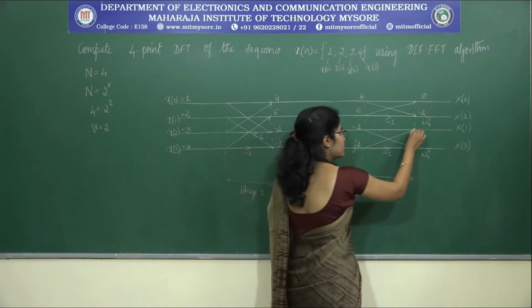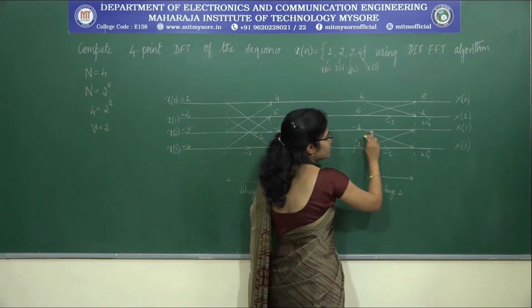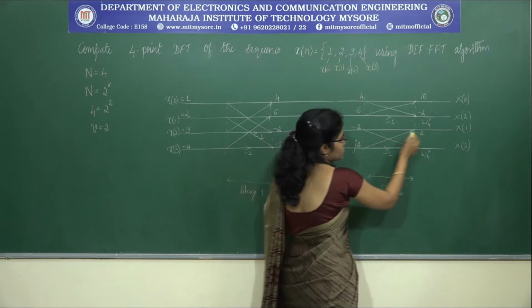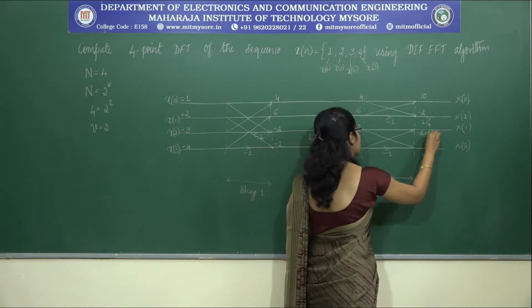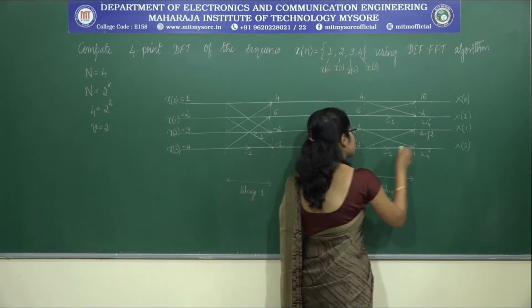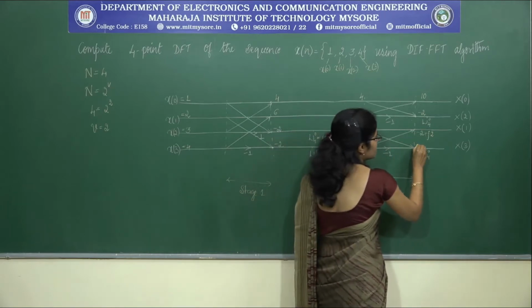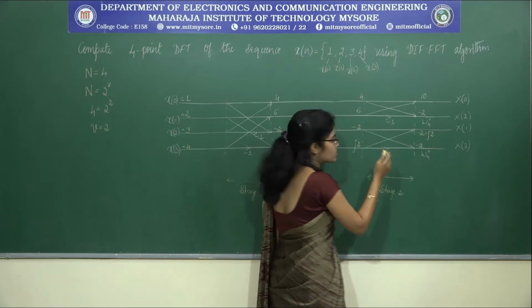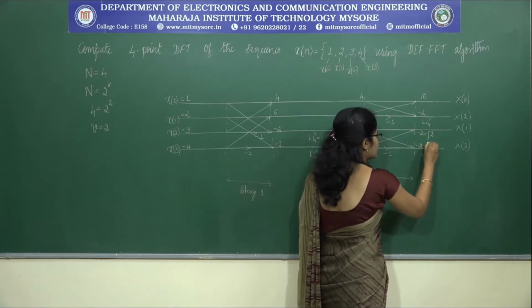Now, let me stand at this point. Here the signal coming is minus 2 and from this branch the signal coming is plus j2. At this particular point the signal coming is minus 2 and j2 is multiplied with minus 1, which gives us minus j2.